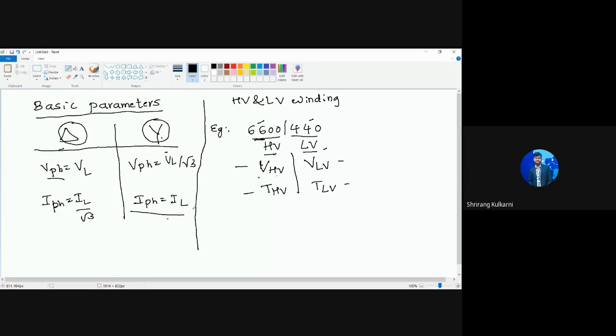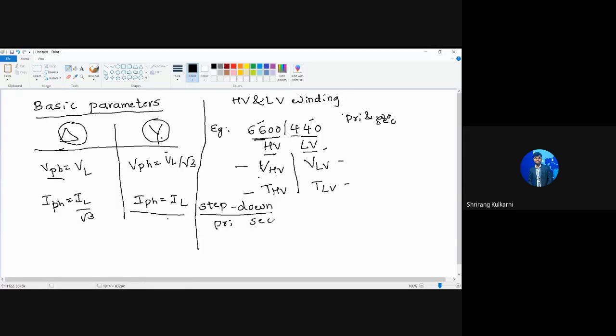Next, we have two types of transformer: step down and step up. In a step down transformer, we have a primary winding and a secondary winding.